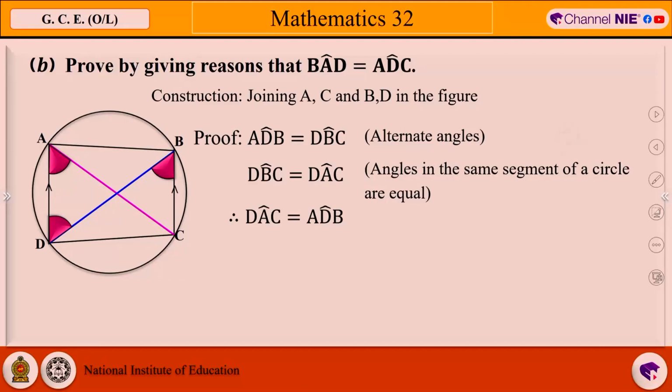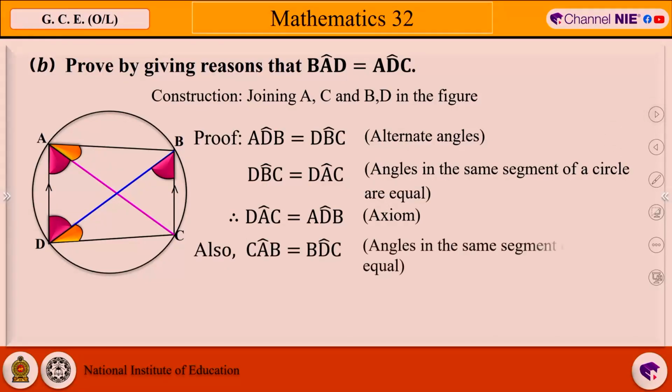Okay. Then, look at these yellow colored angles. They are also equal in magnitude. Again, with the same reason that angles in the same segment of a circle are equal. Right.